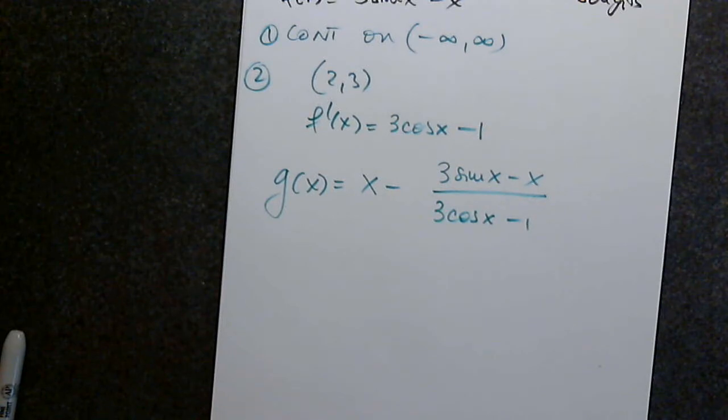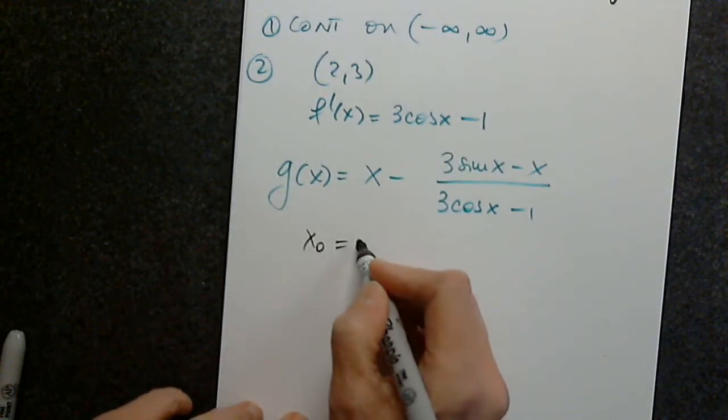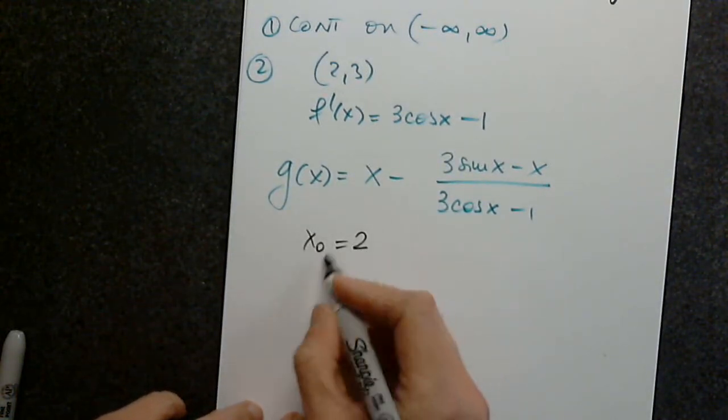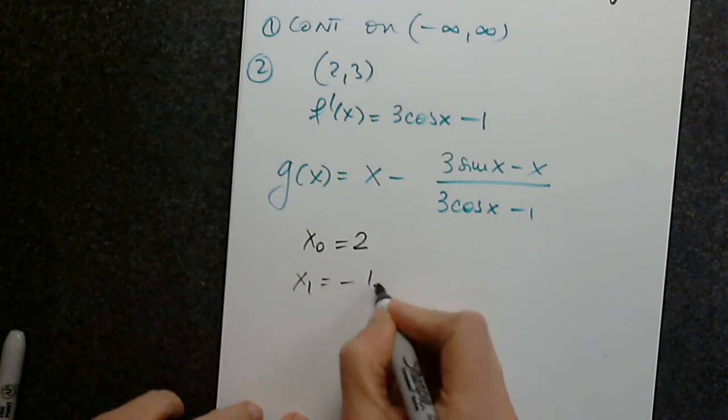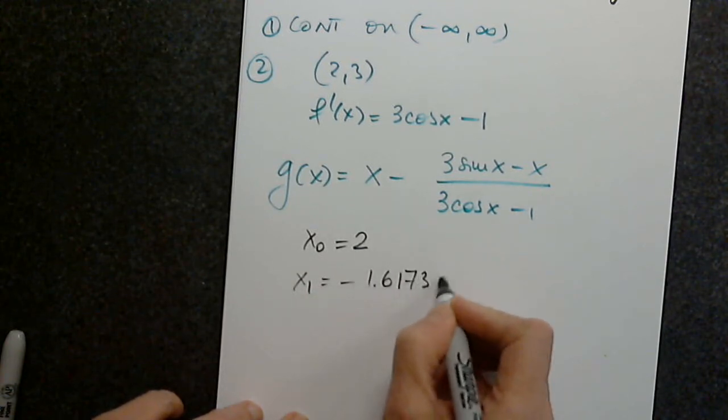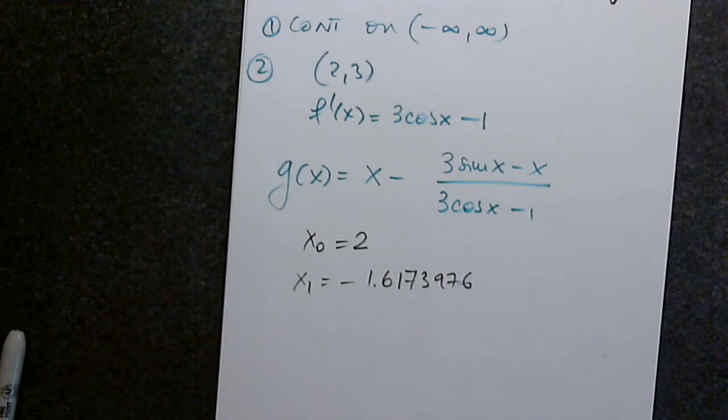If it doesn't converge, and doesn't get closer and closer to a solution between 2 and 3, then we know we messed up somewhere. So for now x0 is 2, and x1 is negative 1.617396. We want 6 digits, so I'm going to copy 7.